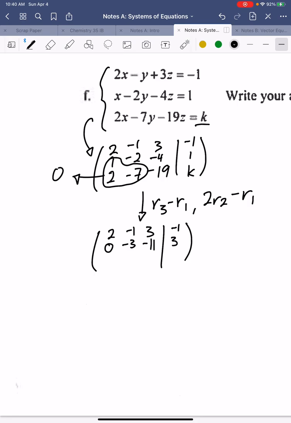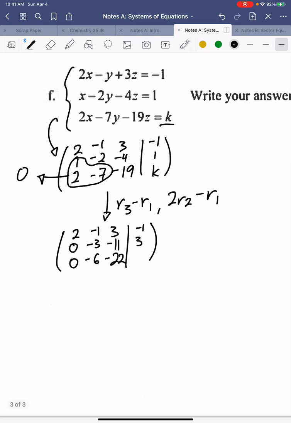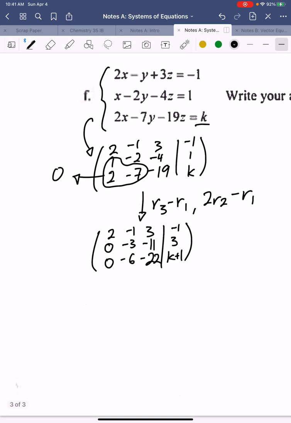Okay, so row 3 also changes, so 0, -6, and then -22. And then we have k plus 1.